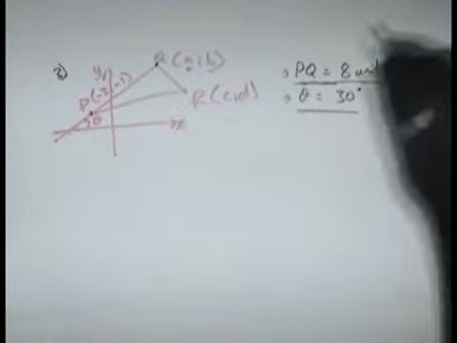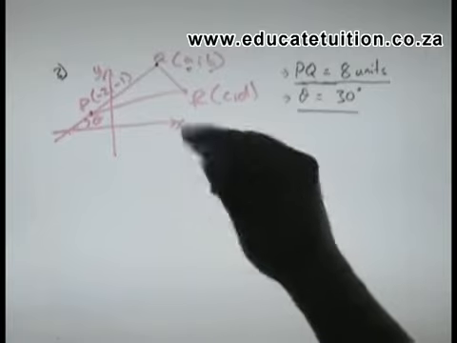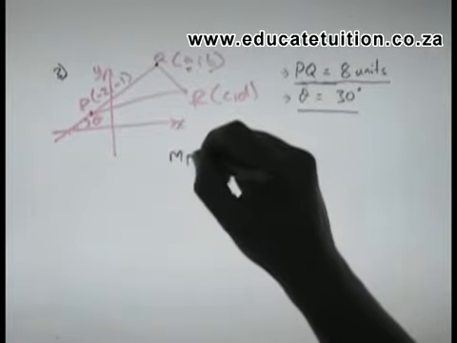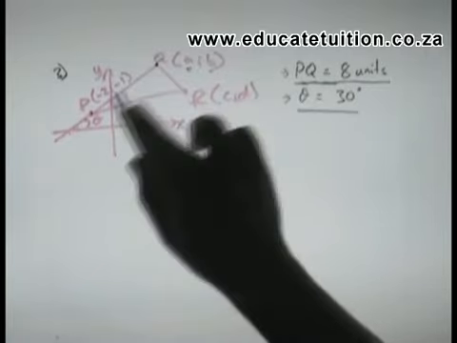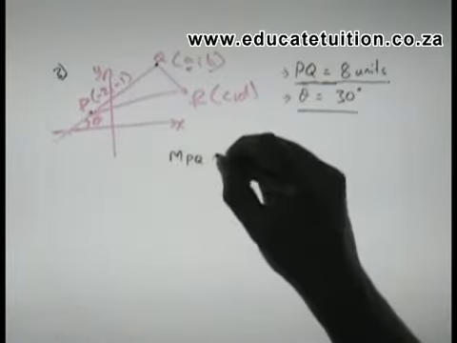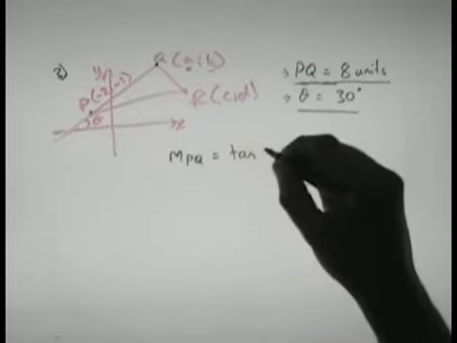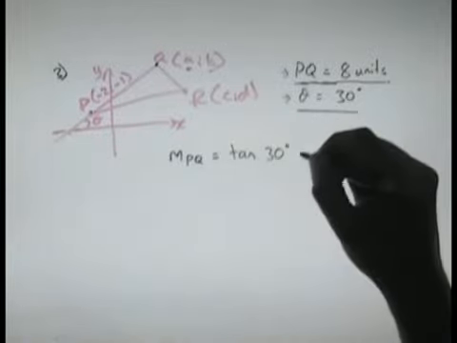Let's start with that one over there because it is simpler. Remember, m is equal to tan of theta. That means that the gradient of PQ, because PQ is a line that just continues on, is equal to tan of theta, but theta is 30 degrees.